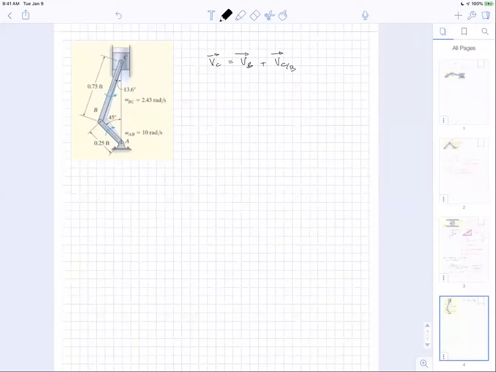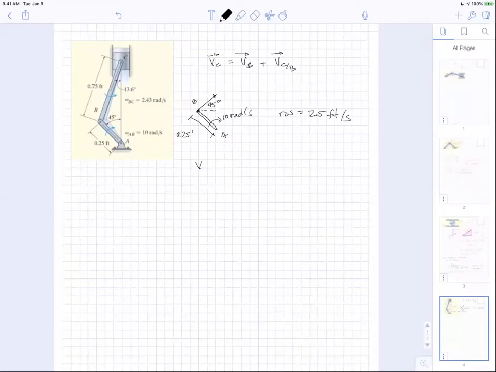The velocity of B is spinning around A with 10 radians per second, and its distance is 0.25 feet. So r omega equals 2.5 feet per second, and it's going clockwise, so this velocity is going up like that at 45 degrees.